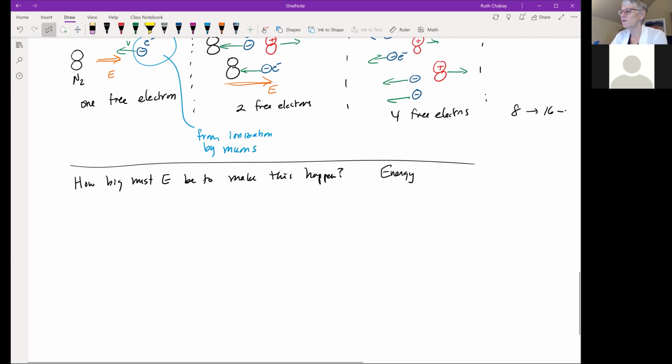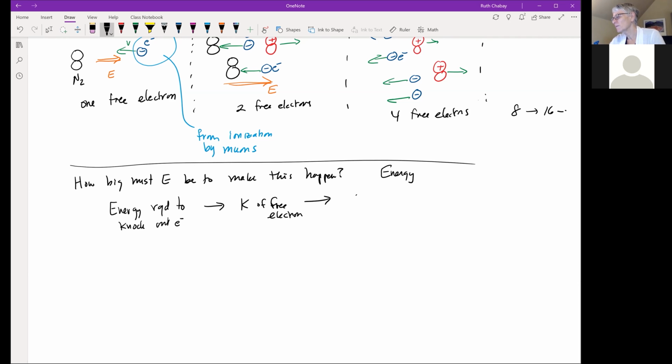If we could figure out the energy required to knock out an electron, then we need to know the kinetic energy of the free electron. That's how much energy it would need. And then we could figure out the potential difference over the mean free path, because that's how far it got to accelerate and gain energy. And so then we could get the electric field required.